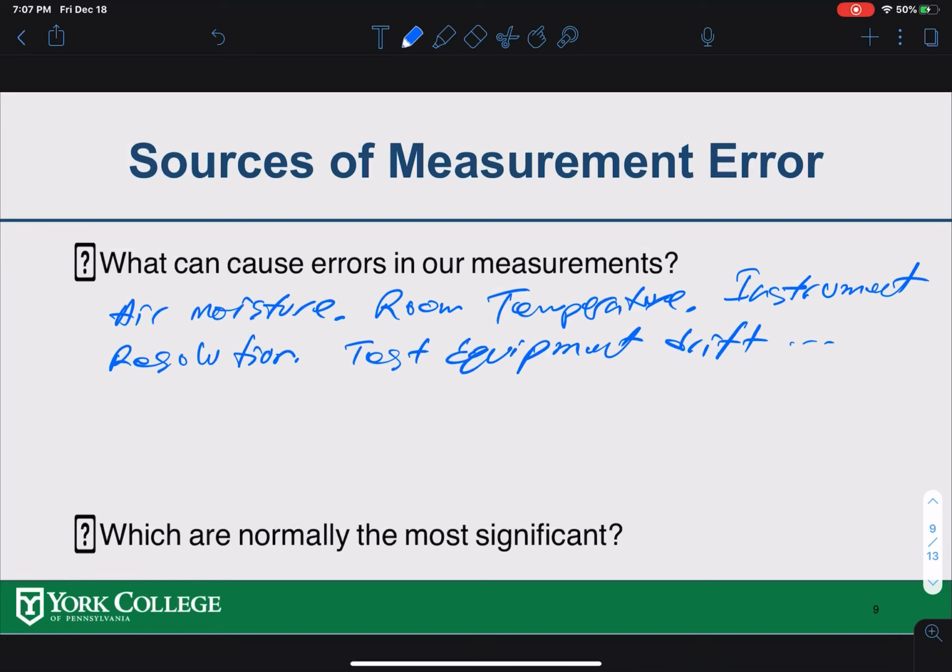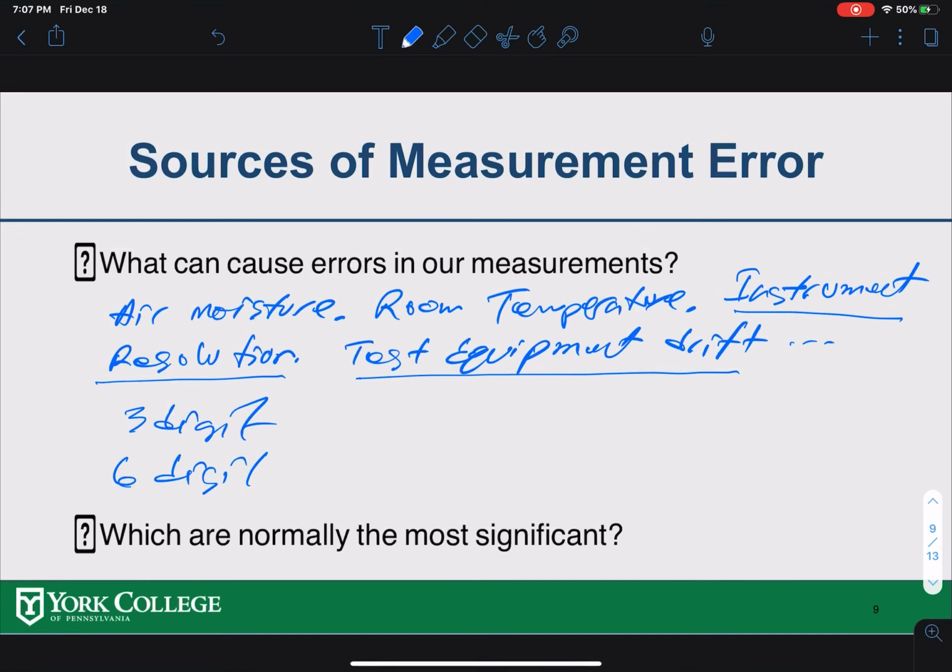So test equipment, you're testing with something that is drifting with aging, which could affect your results. Resolution, you're measuring the data using an instrument. That instrument resolution could give you some error there. Let's say if you do 3-digit over 6-digit resolution, obviously your 6-digit will give you better result than 3-digit.